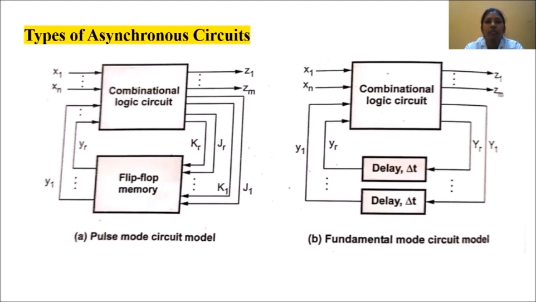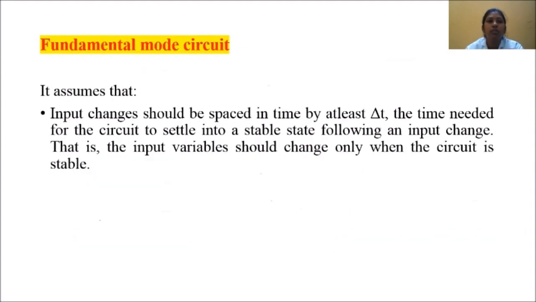a stable state. According to how the input variables are to be considered, there are two types of asynchronous circuits. First one is the fundamental mode circuits, and the next is the pulse mode circuits. The fundamental mode circuit assumes that input changes should be spaced in time by at least delta t, the time needed for the circuit to settle into a stable state following an input change.